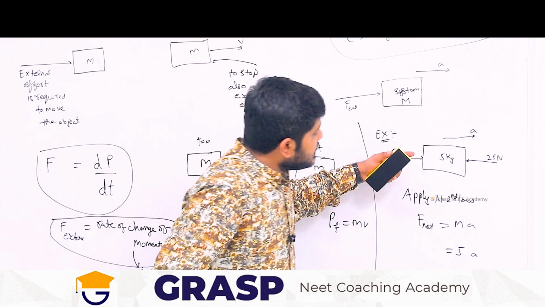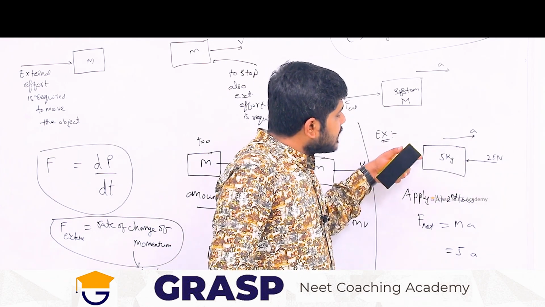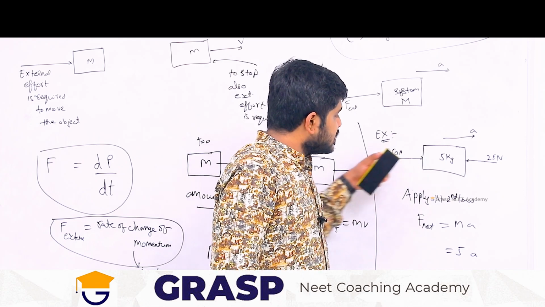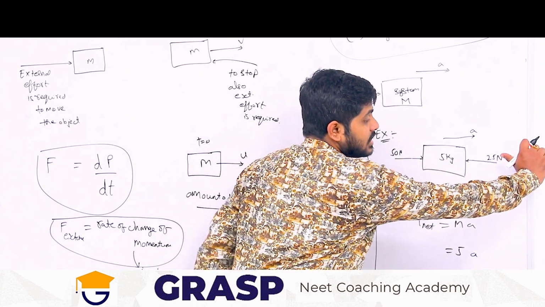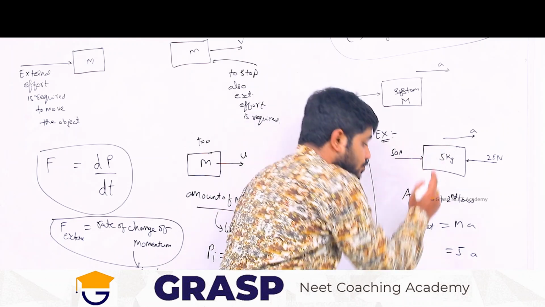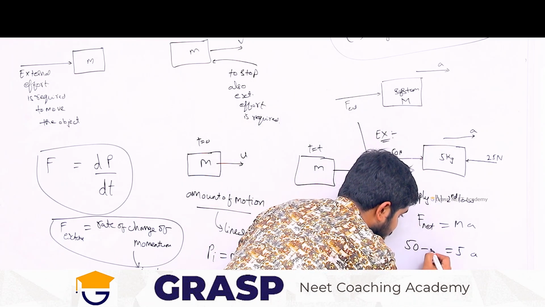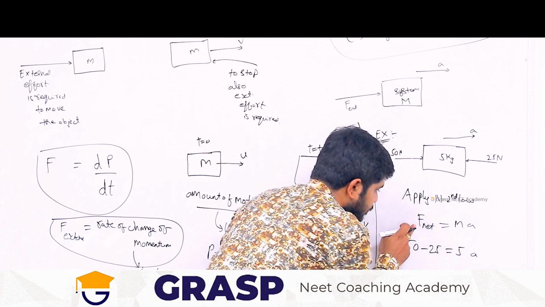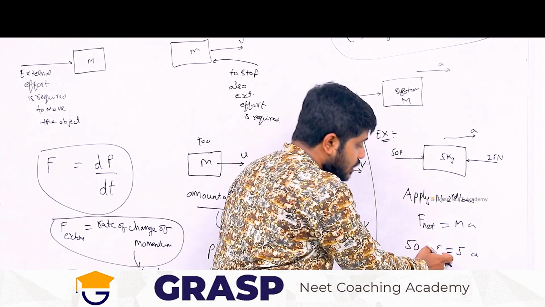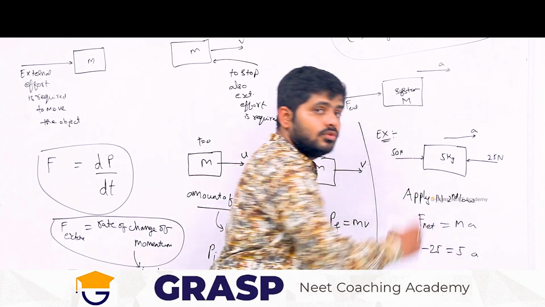Because it is accelerating in this direction, this 50 Newton force will be greater, and 25 Newton is in the opposite direction. So net force is 50 minus 25. So the net force acting on this system is 50 minus 25 equal to 5 into a.